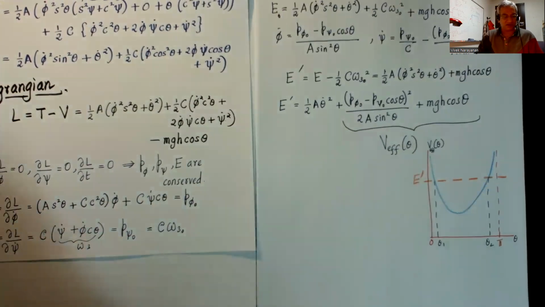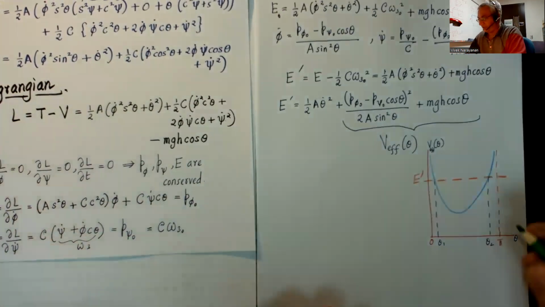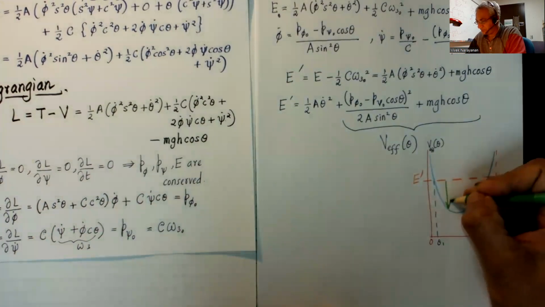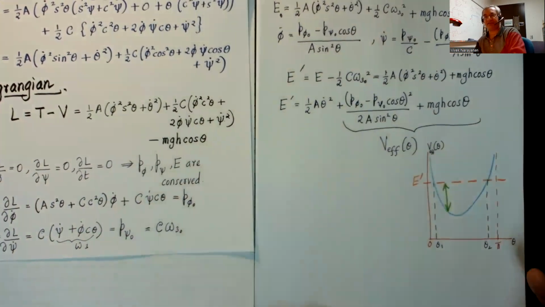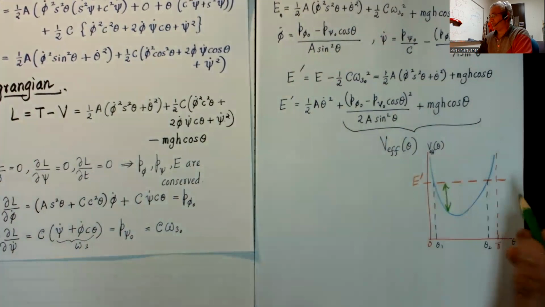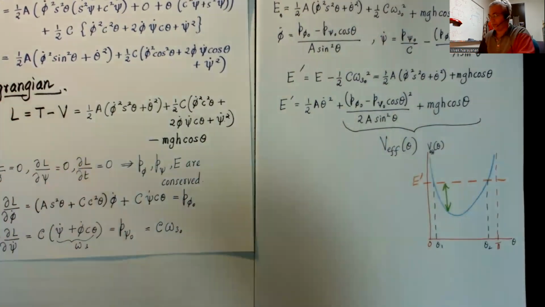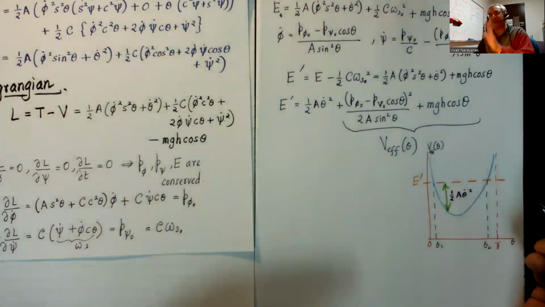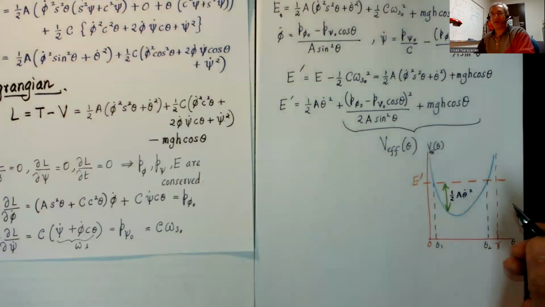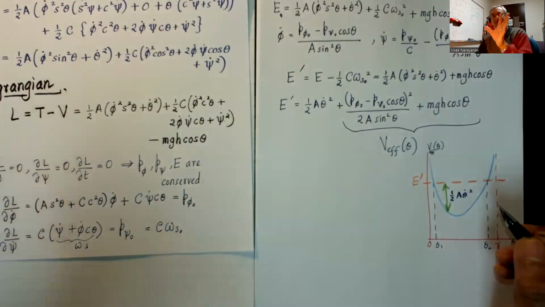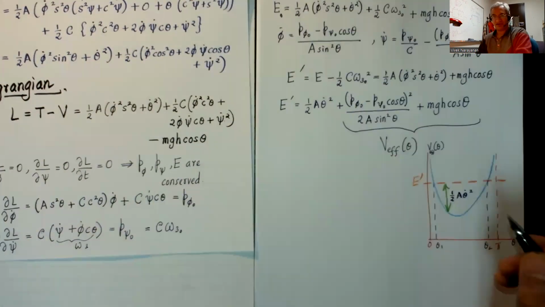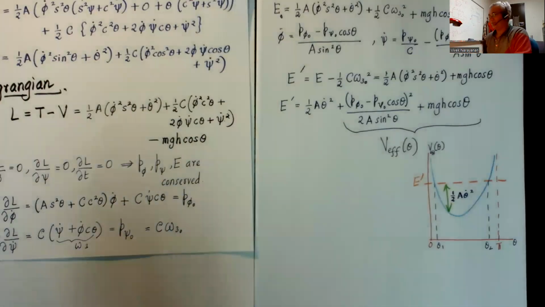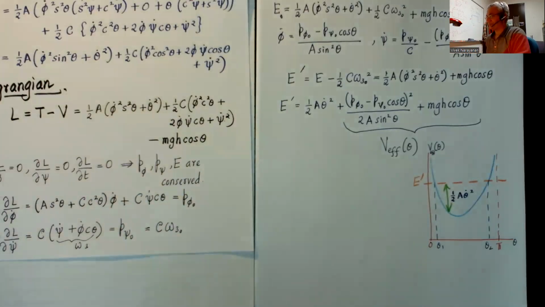The difference between the effective potential and the total energy is, of course, the kinetic energy of the top. So this kinetic energy, 1/2 A theta dot squared, represents the kinetic energy of nodding, not this kinetic energy. That's been subsumed in the potential itself because that is a constant of motion.